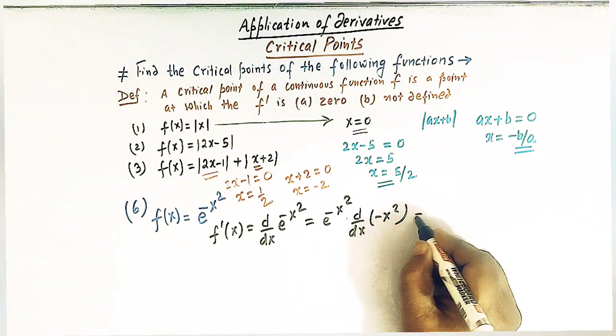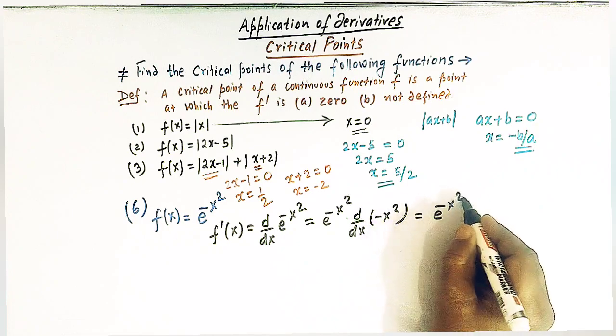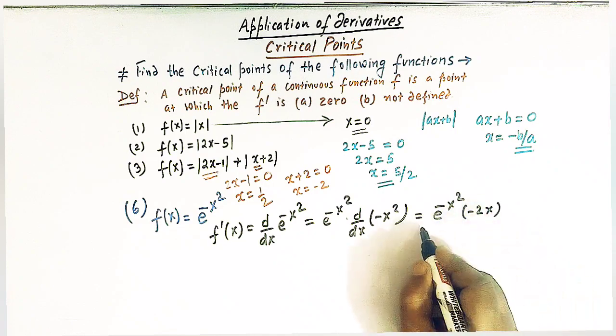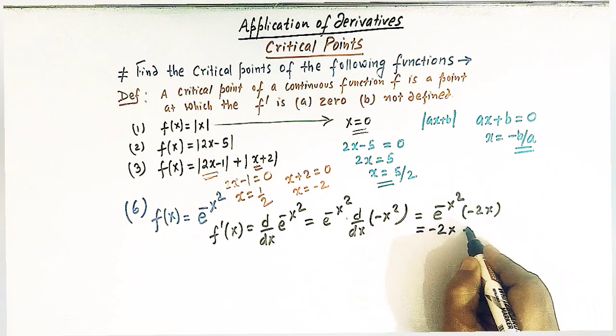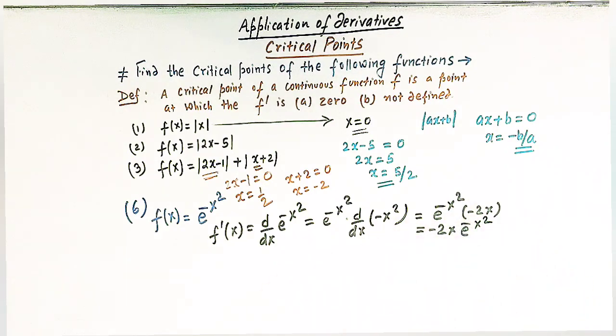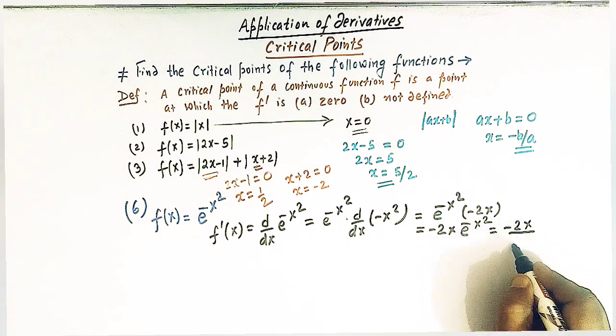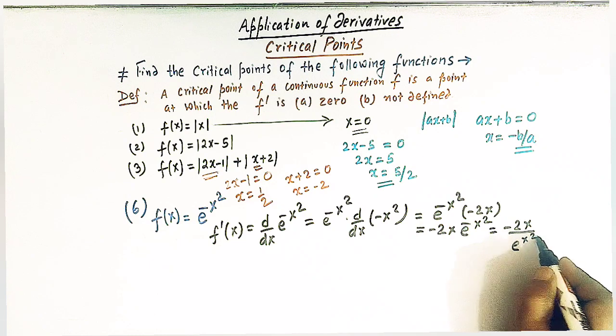So now we can write e raised to minus x square. The derivative of minus x square is minus 2x. So we have minus 2x e raised to minus x square, right? So we can also write it as minus 2x over e raised to x square.